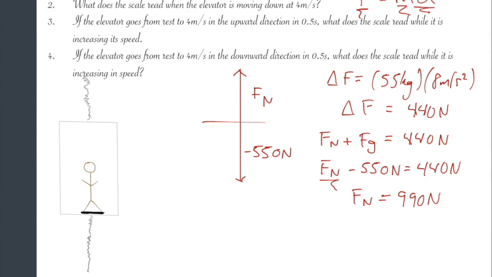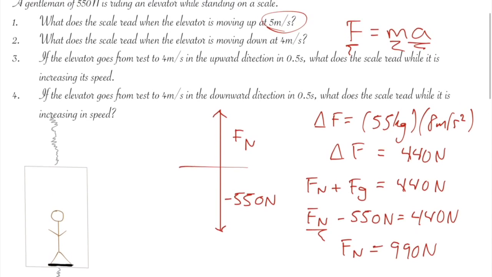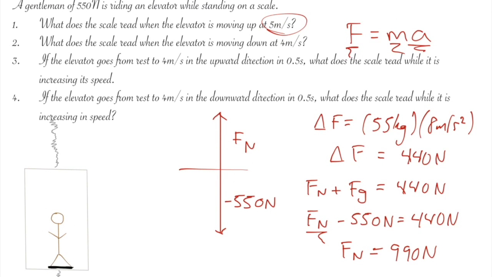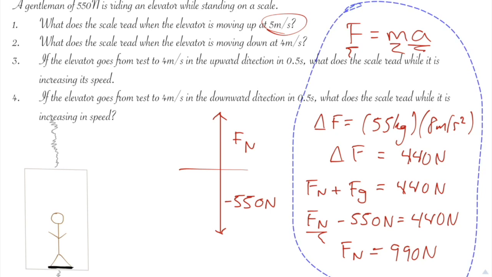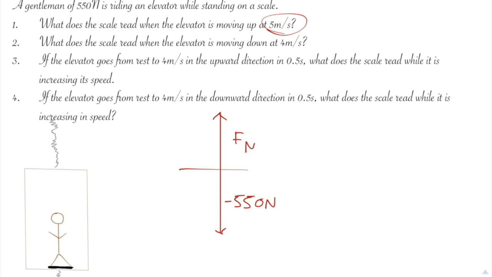So when the elevator accelerates upward, we can expect an increase in the measurement of the scale. So the answer here was 990 newtons or 99 kilograms. It doesn't tell us whether it wants the answer in newtons or kilograms, so we'll just add both.